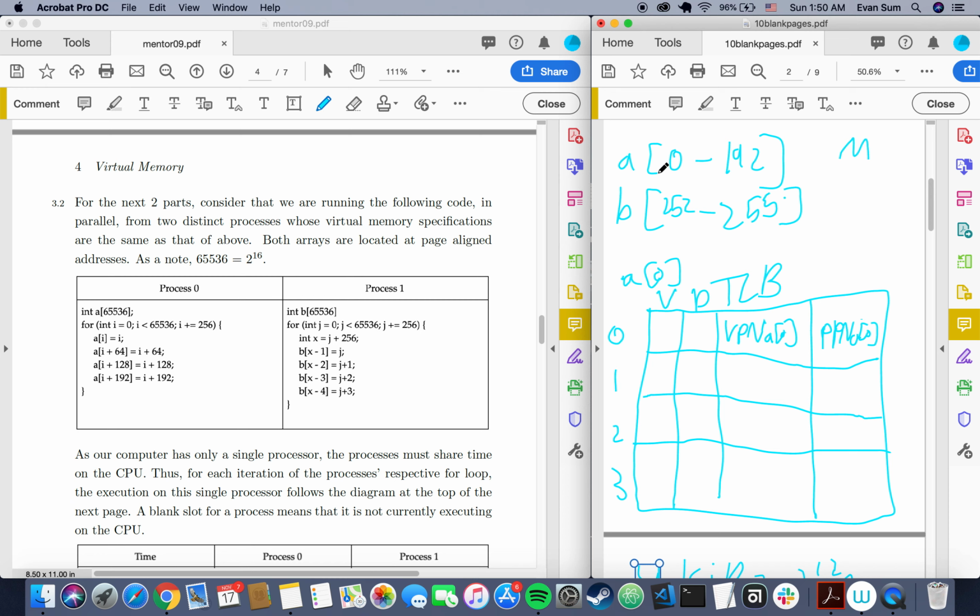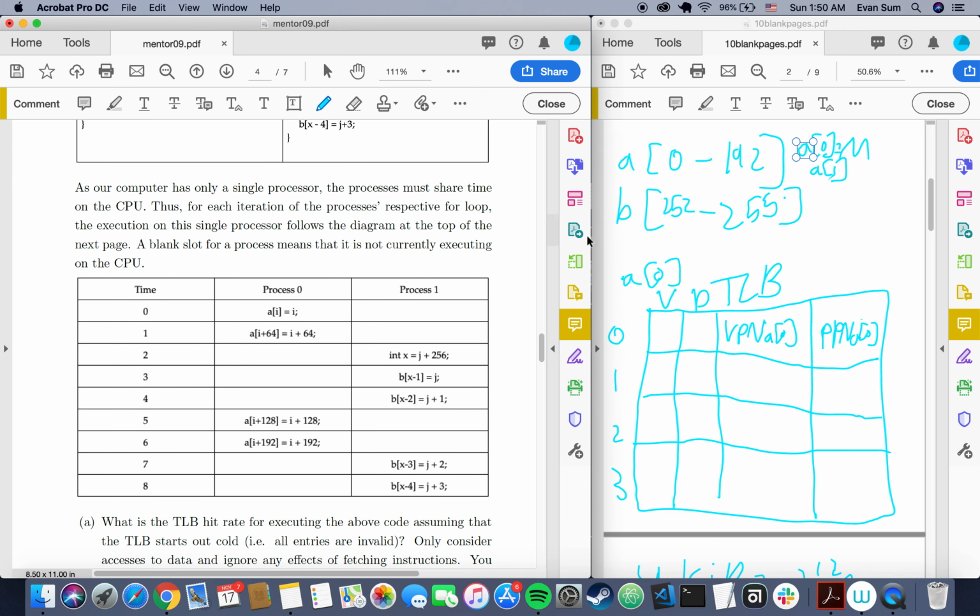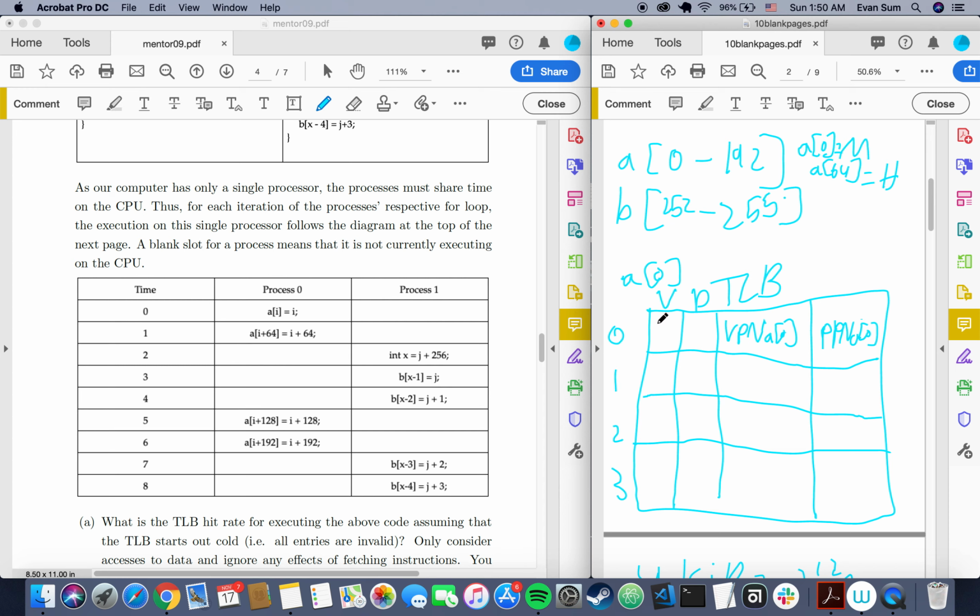It's going to be the same one for A, and then for B, it's going to be that same one. So we're going to look at this. We're going to miss. A0 is going to be a miss, right? And then we're going to try A64, and that's going to be a hit.